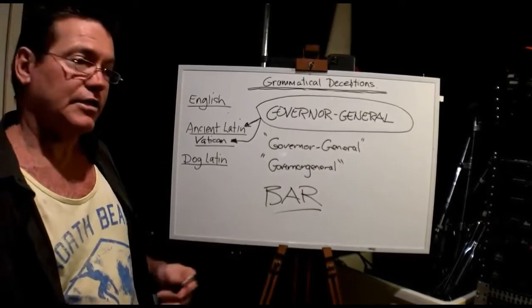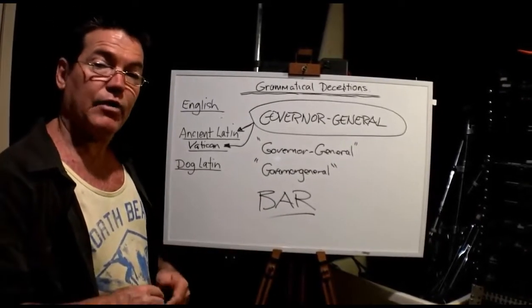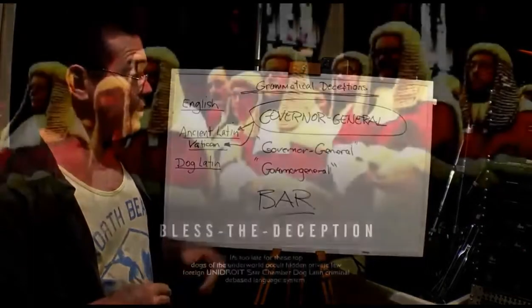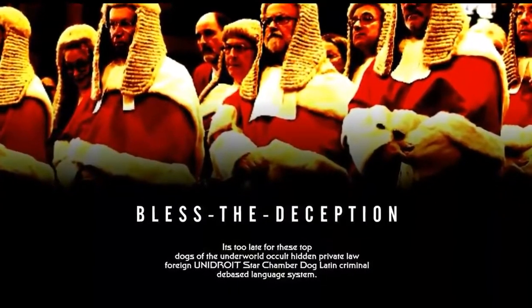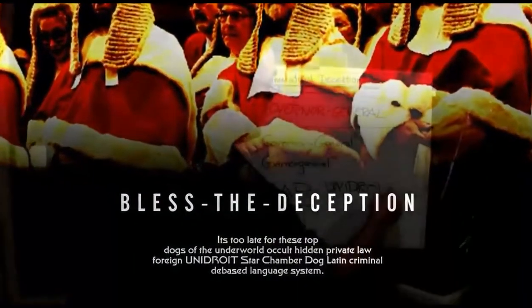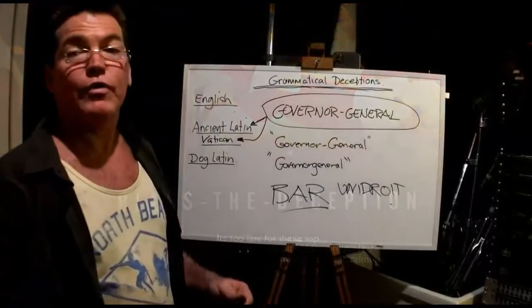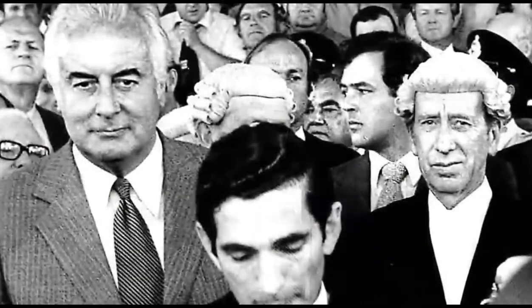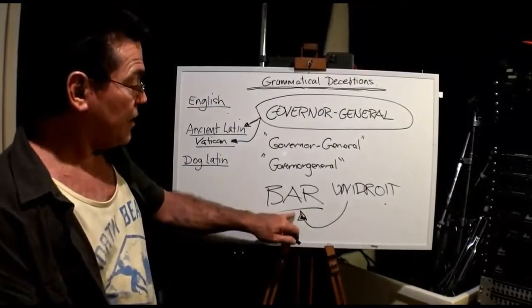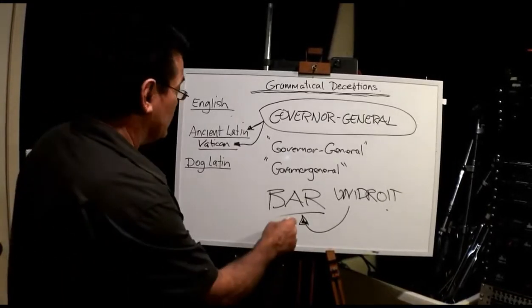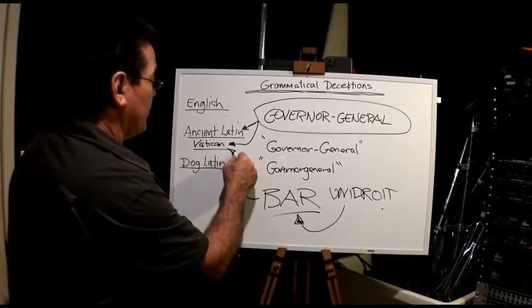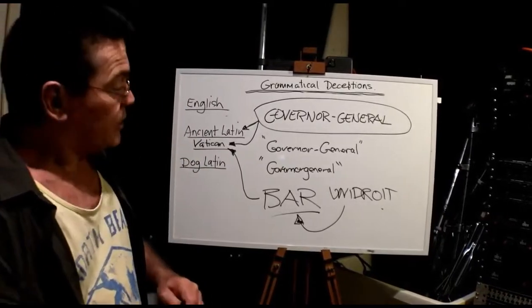So any lawyer that is in government, such as the prime ministers, most of them are lawyers. The very prime minister that signed us up to Unidroit in 1973 was Gough Whitlam, a lawyer who had sworn an oath to the bar, and the bar was the City of London, which is one square mile inside London, that belongs to the Vatican.